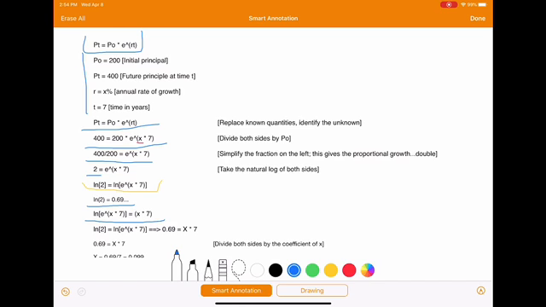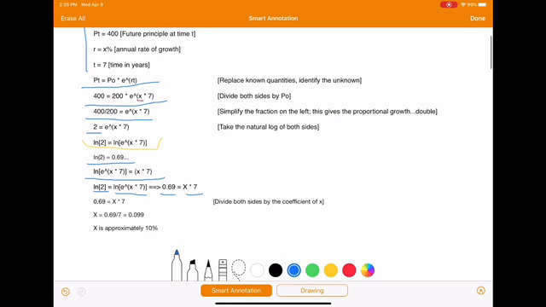So if we take the natural log of the left side, it will be equal to the natural log of the right side. This is what the left side comes down to. That's what the right side comes down to.